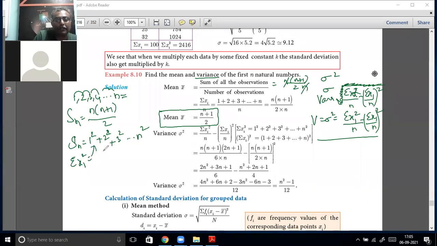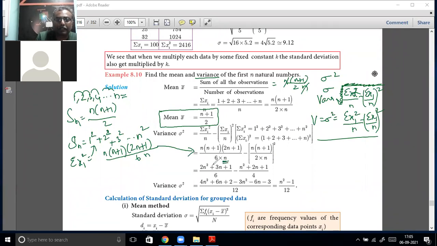There is a formula for getting the sum of squares of the first n natural numbers. That is equal to n into n plus 1 into 2n plus 1 by 6. So for sigma x_i squared by n, you divide this whole thing by n. That is what you are giving here.